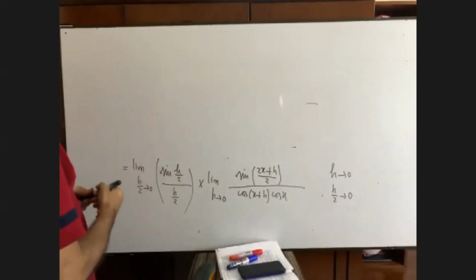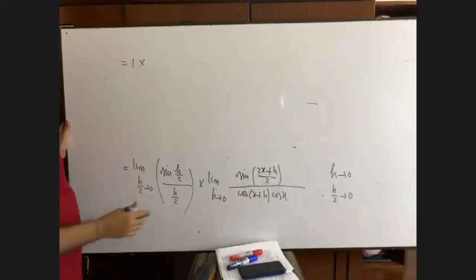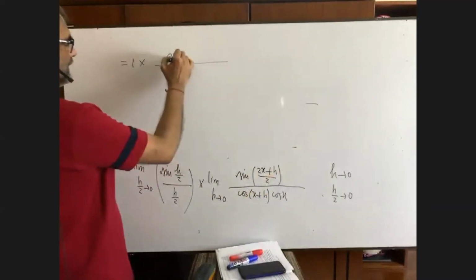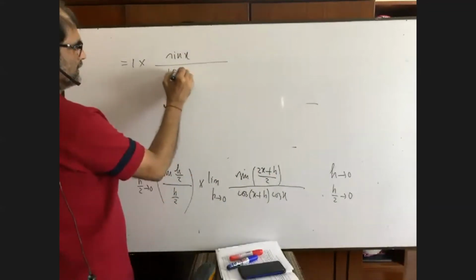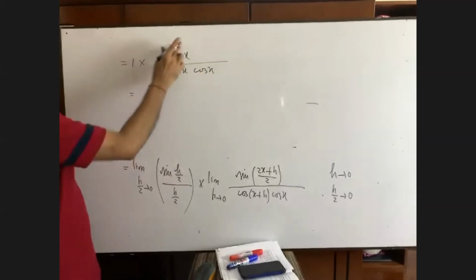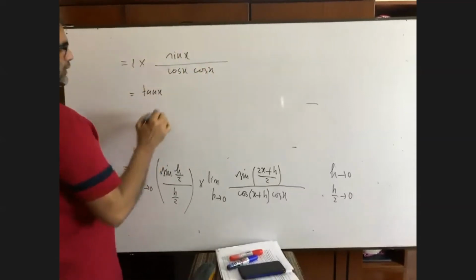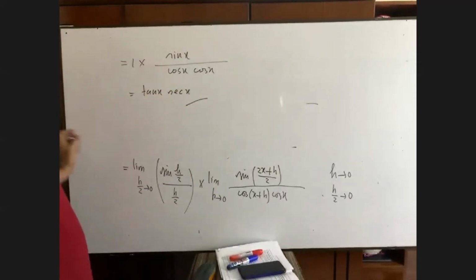Okay, now the value of this part is 1 into, you put the value here, h equals 0, so we are getting sin x. Here h equals 0, we are getting cos x, cos x. Sin by cos equals tan x. 1 by cos equals sec x. Math is done.